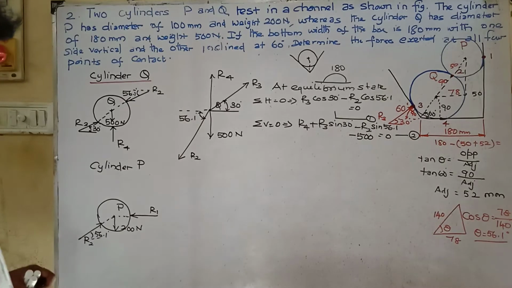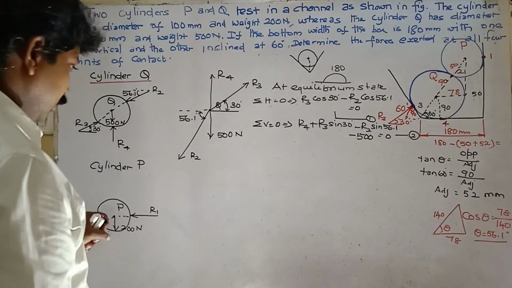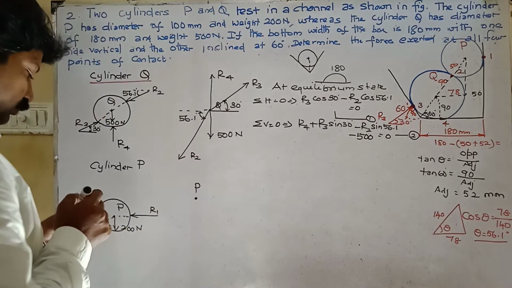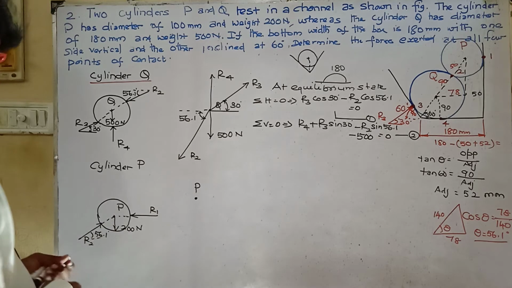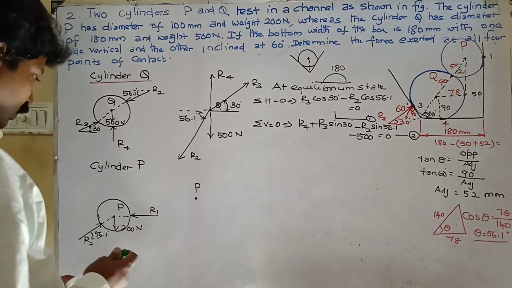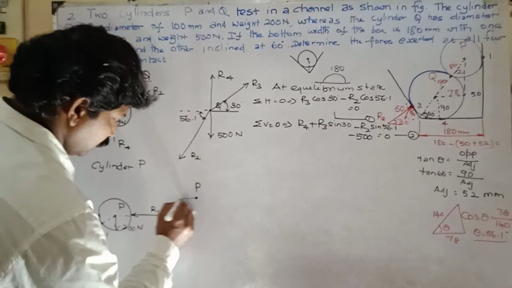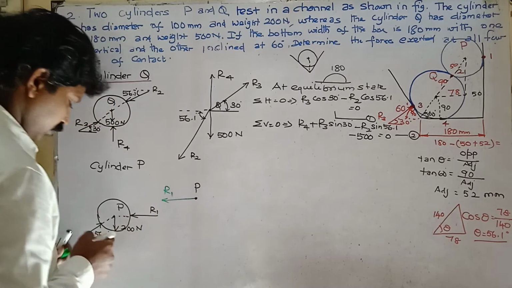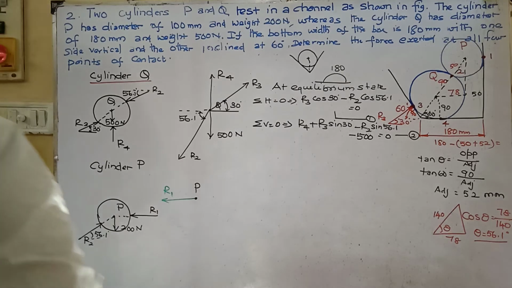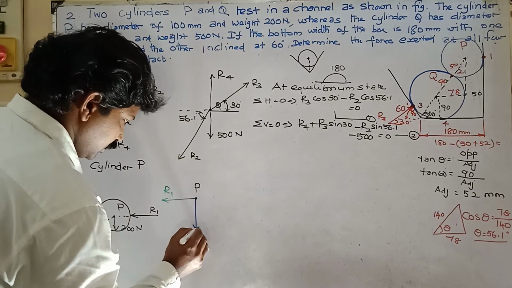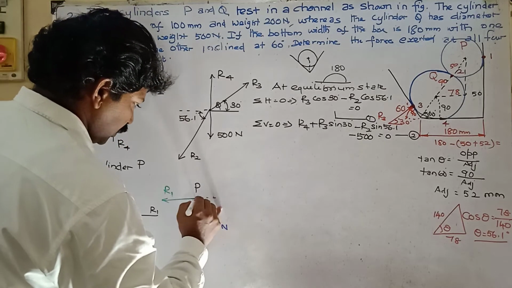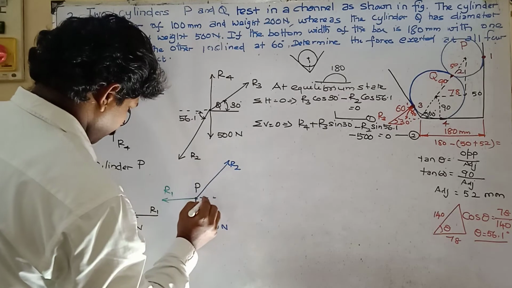So totally 3 forces act on the cylinder P. So draw the line diagram: R1, the weight 200 Newton, and reaction R2 at 56.1 degrees with the horizontal.